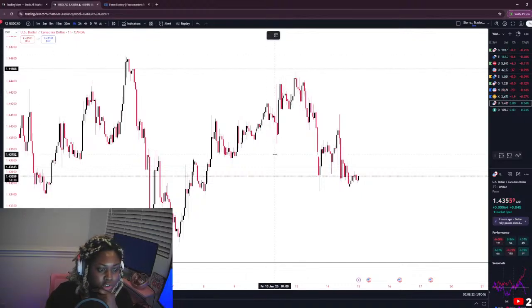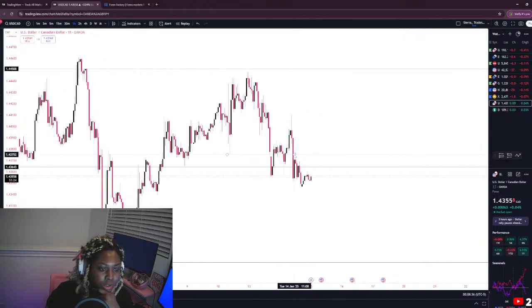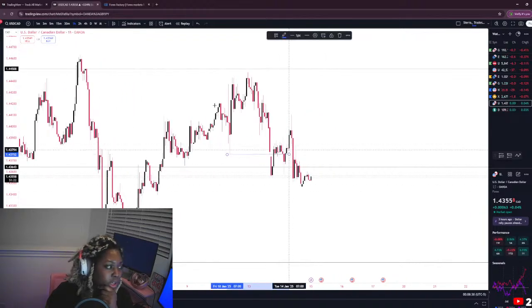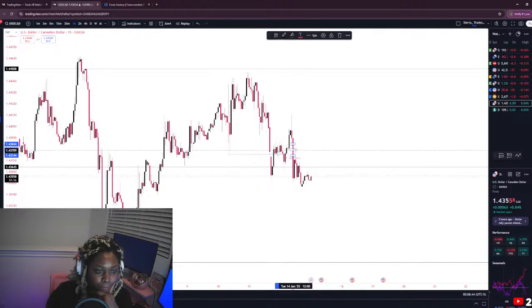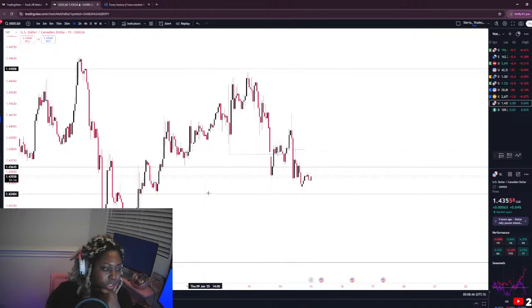Because it broke structure here, right? Created a gap. Price came back up into this order block, actually went lower, and then created another gap, and hit 50% of that.